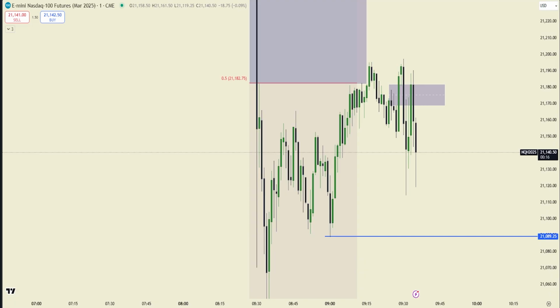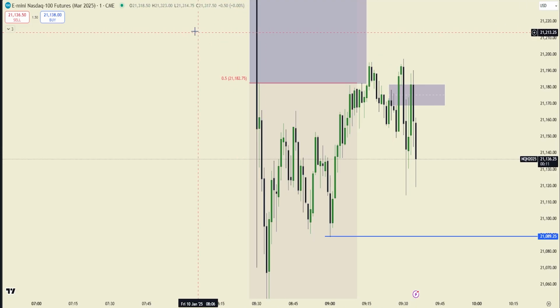Correct. I don't take inversions if it takes the internal low or the internal high first. That's just part of the IFG model.